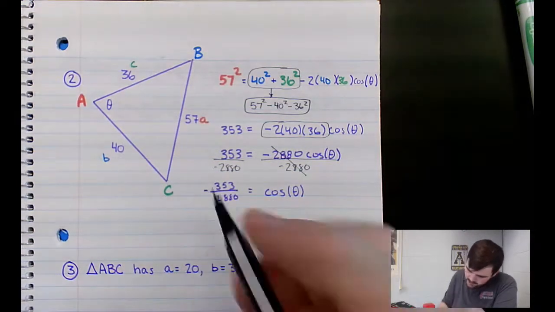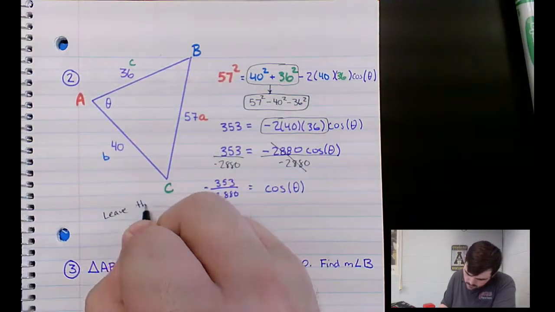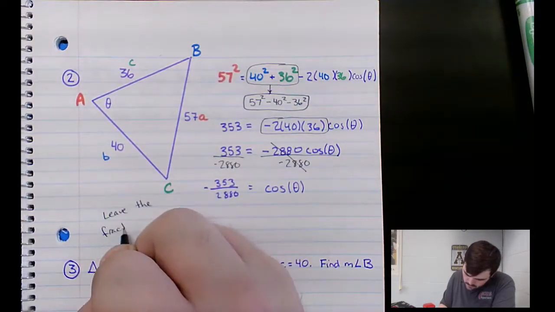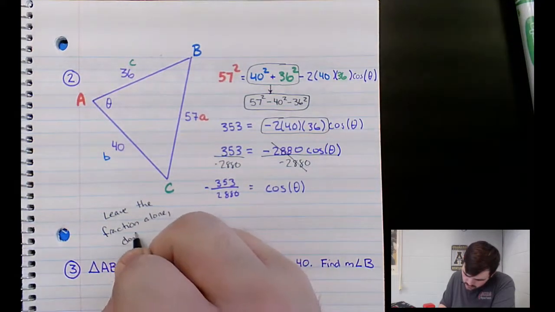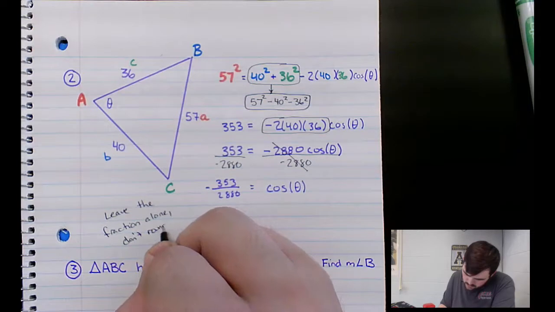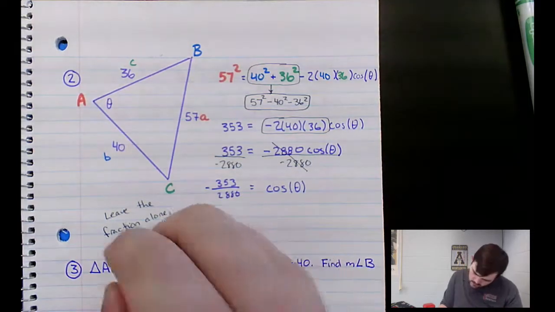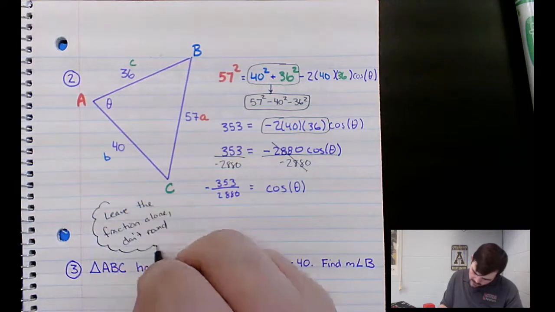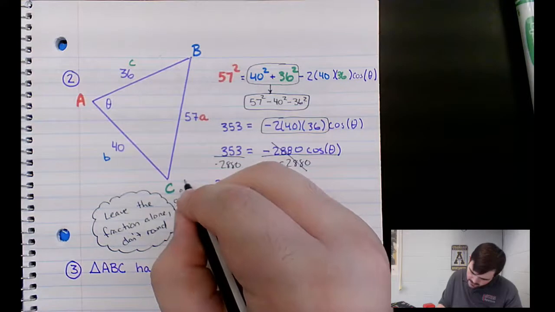Leave the fraction alone. Don't round. You don't want to round until the very end. At the very end you can round, but not midway through the problem and then keep working off of that estimation.